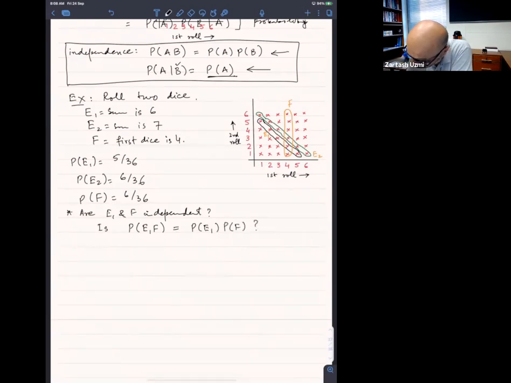Is this true or not? For that, I need to find the probability of E1 and F. What is the probability of E1 and F? Answers in the chat window. You can see the intersection of E1 and F from the figure.